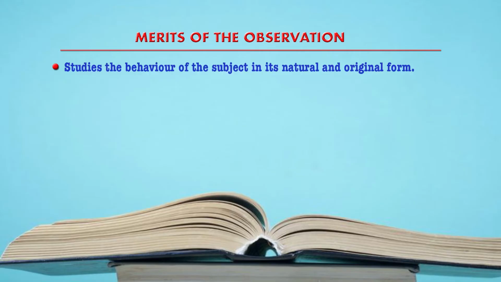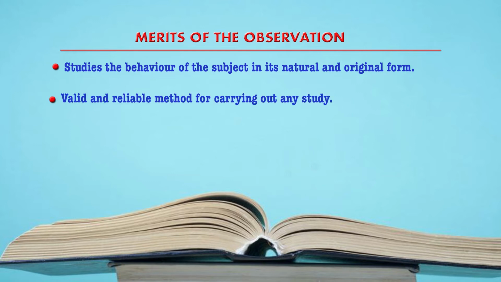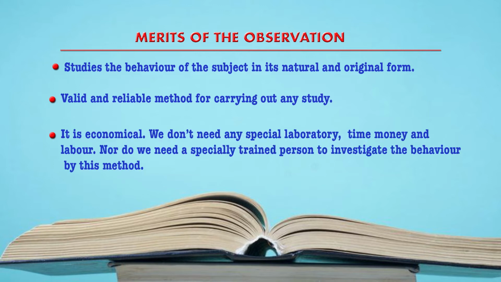Now let us see what the merits of such observation are. How can we use this for our research purpose? It studies the behavior of the subject in its natural and original form. When we say observation, it is studying the behavior of the student. It can be a valid and reliable method for carrying out a study. You need not have a big laboratory for this, so it is quite economical. We don't need any special laboratory or a lot of money.